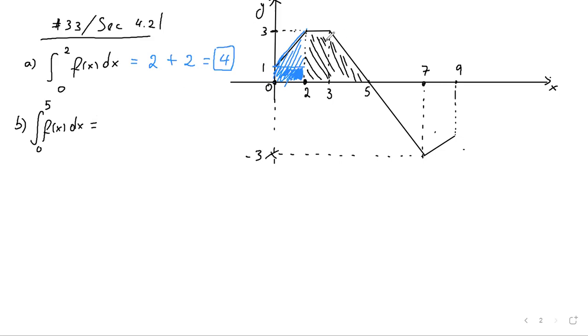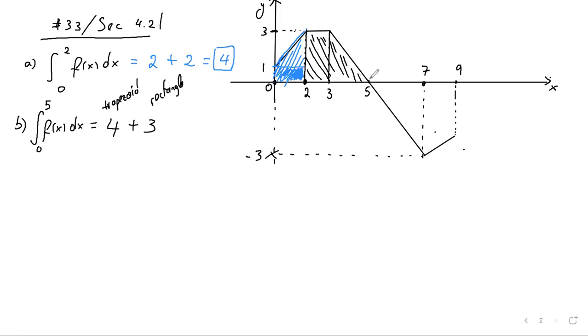If you look here, that's a rectangle of base 1 and height 3. So to the previous area, which we already calculated, which was 4, we add 3 from the rectangle. So this is the trapezoid, and this is the rectangle here.